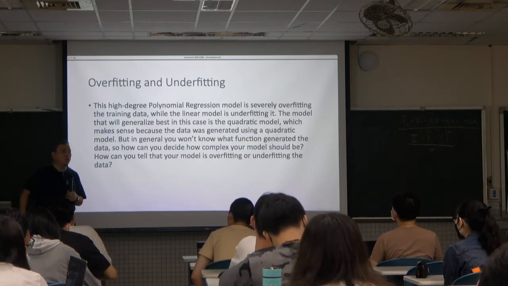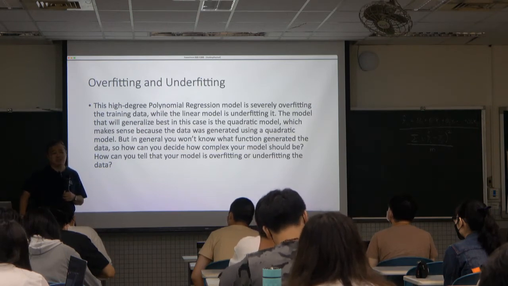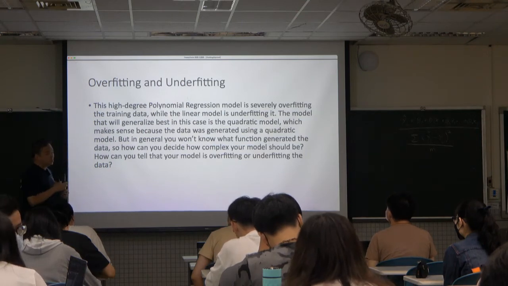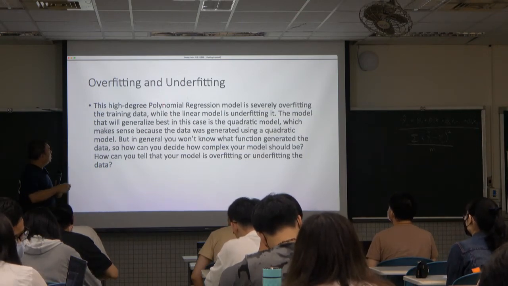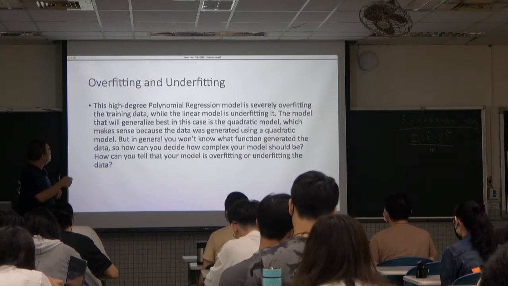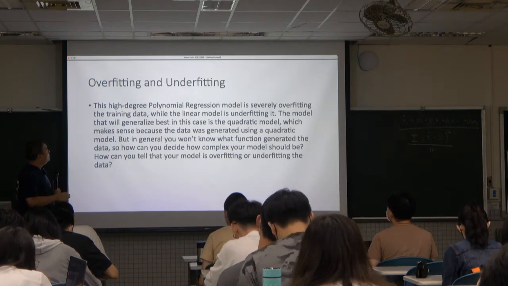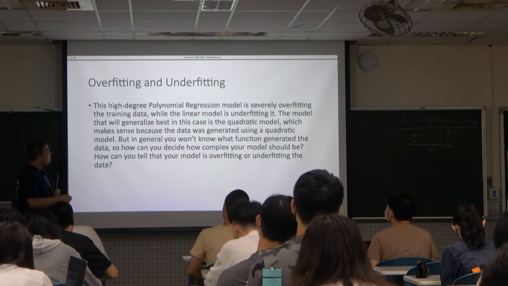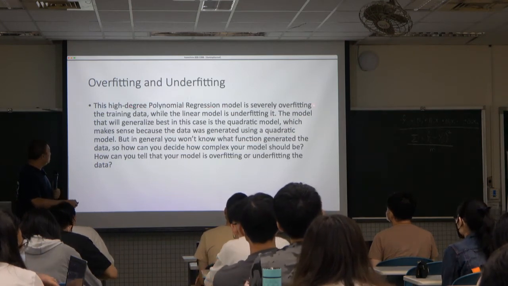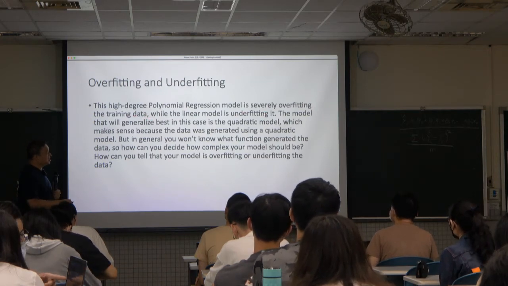Really, polynomial regression should be covered in machine learning, which is considered a prerequisite of this class, but unfortunately I'm not sure how many of you have taken the prerequisite anyway. The reason I want to discuss this is to talk about the overfitting and underfitting concepts. This high degree polynomial regression model is severely overfitting the training set, while the linear model is underfitting it.